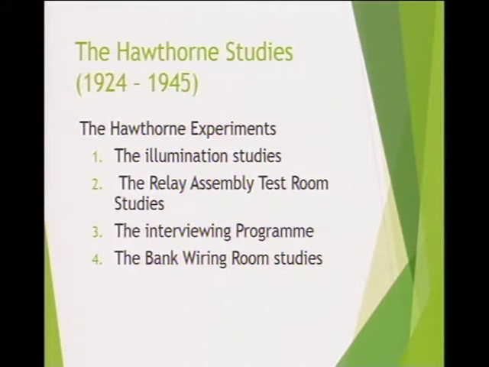And then he also did the relay assembly test room studies, where the issue of specialization, the issue of people supporting each other, was looked at to establish whether that made people more productive. And then he also looked at the interviewing program, and then he also looked at the bank wiring room studies.